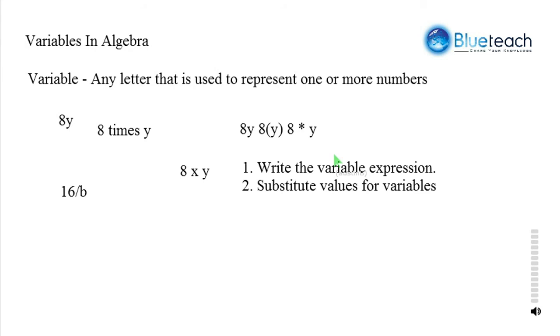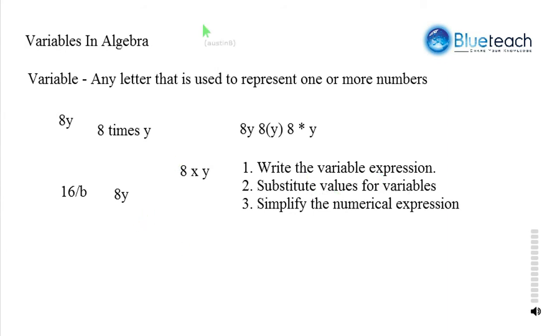So let's use our good old 8y again. We've already done step one: 8y, write the variable expression. Now let's evaluate that expression when y equals 2. Substitute our values for variables.